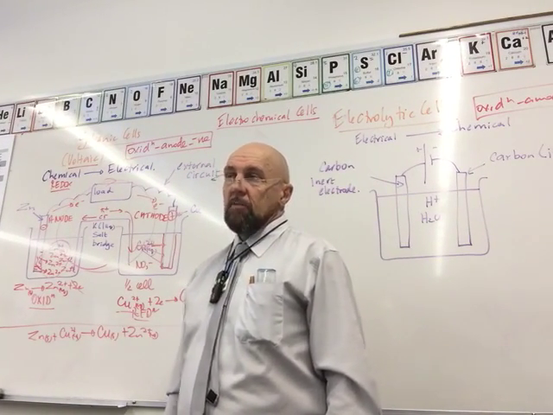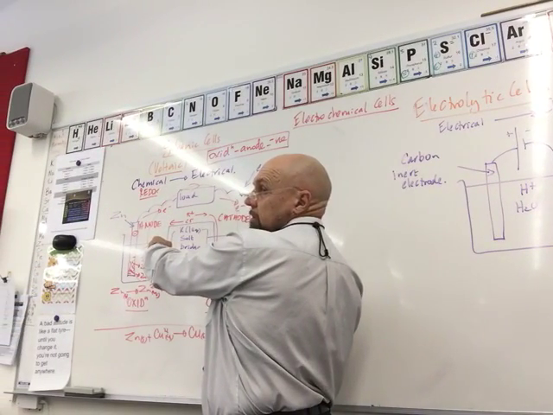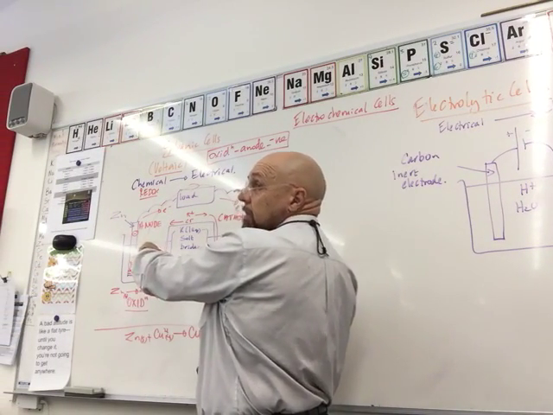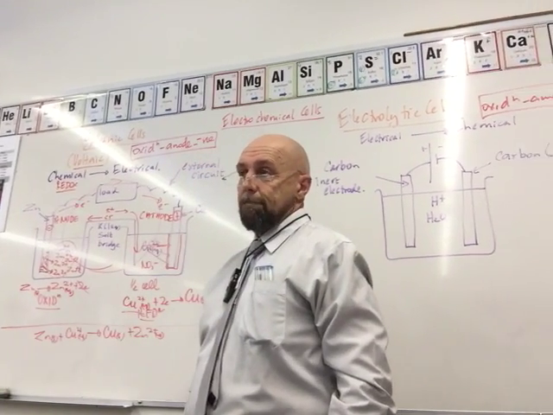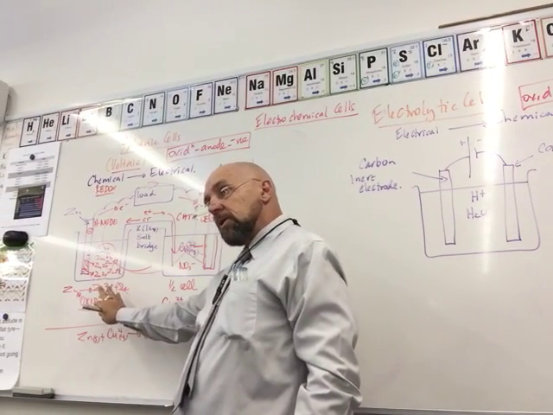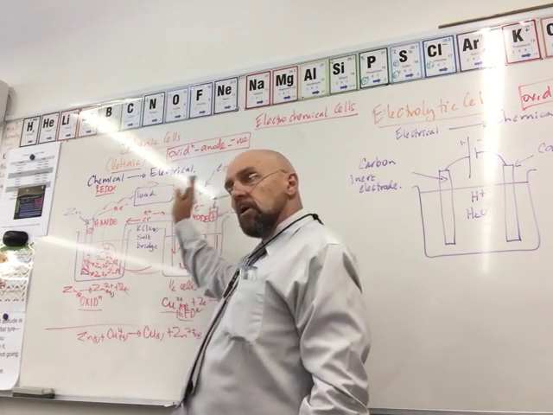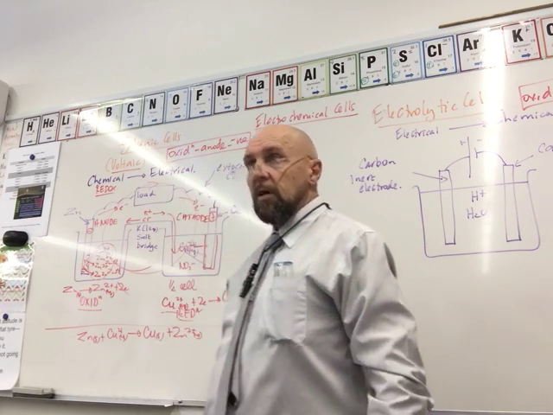And a rechargeable battery means we can reverse the reactions. These reactions here, once they occur, they're not reversible. So a rechargeable battery means you've got to be able to reverse these reactions, but when I do that, I actually turn it into an electrolytic cell. That's a few lessons down the track.